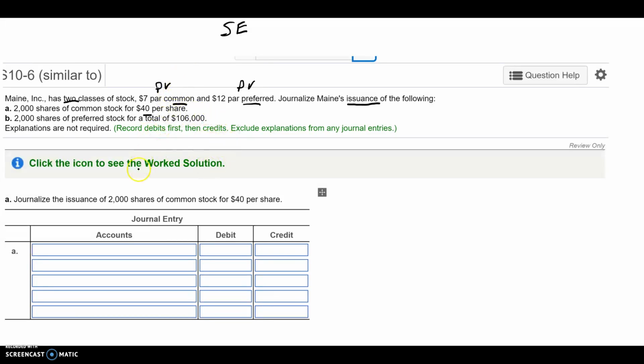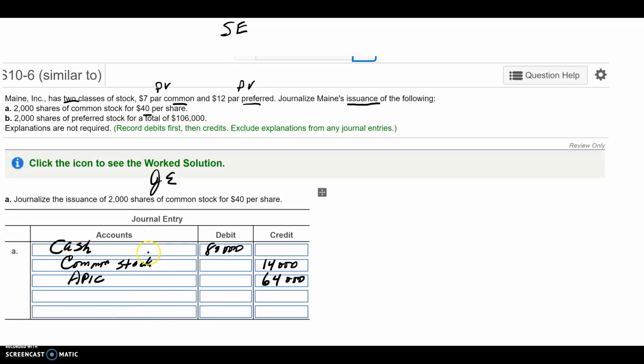Take a minute and rough out, at least in draft form, what you think the journal entry is for 2,000 shares of common at 40, remembering that we only record the par value amount, which is $7, in the common stock account, and everything else is in additional paid-in capital.